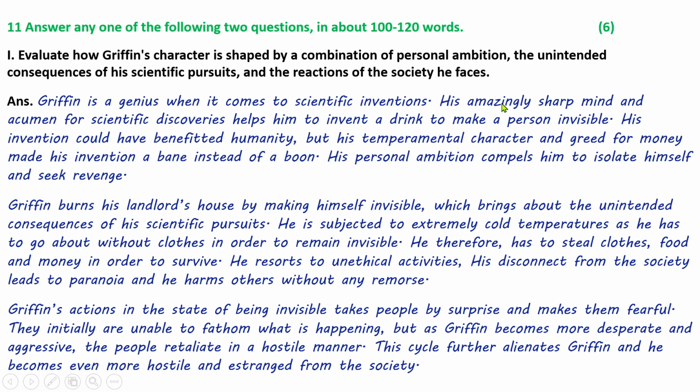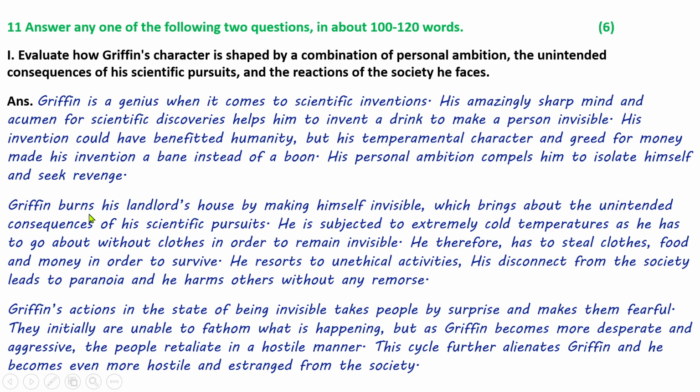His amazingly sharp mind and acumen for scientific discoveries helps him to invent a drink to make a person invisible. His invention could have benefited humanity, but his temperamental character and greed for money made his invention a bane instead of a boon. His personal ambition compels him to isolate himself and seek revenge.